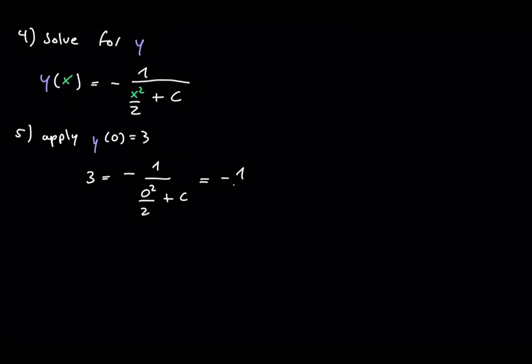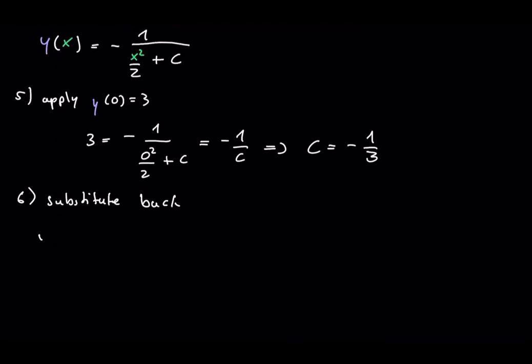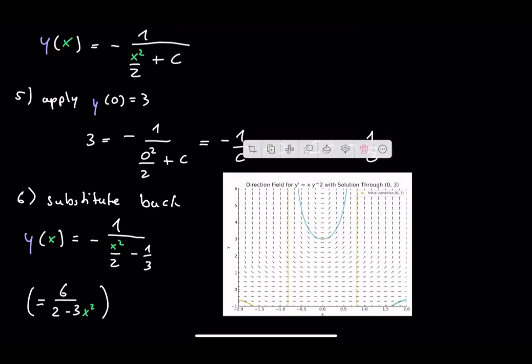Plug in x equals 0 and y equals 3. 3 equals negative 1 over c, so c equals negative 1/3. Substitute back to get y of x equals negative 1 over x squared over 2 minus 1/3. Simplify that to y equals 6 over 2 minus 3x squared. That's your unique solution curve passing through the point 0,3.